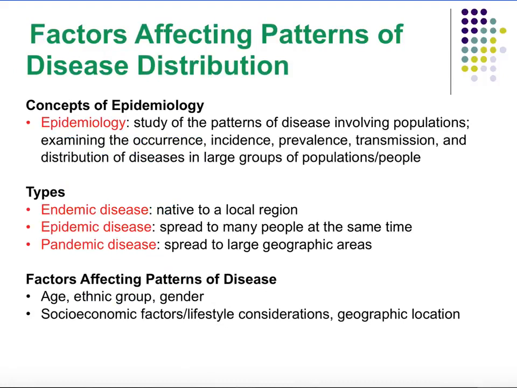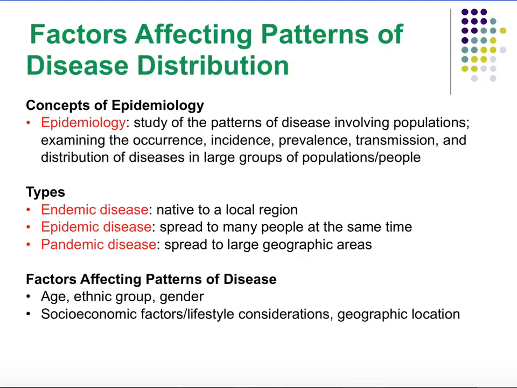So factors affecting patterns of disease distribution. So let's take a look at concepts of epidemiology. So epidemiology is the study of the patterns of disease involving a population, examining the occurrence of the disease, incidence, prevalence, how it's transmitted, and how it's distributed.